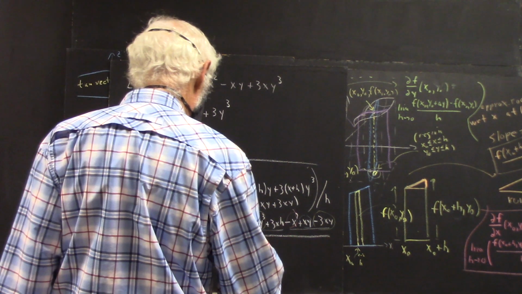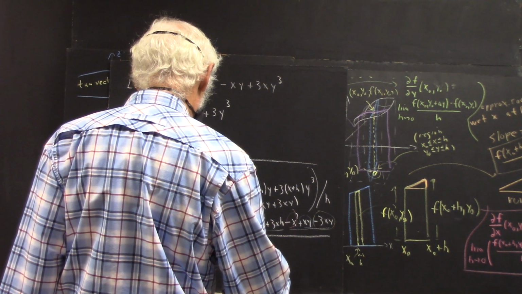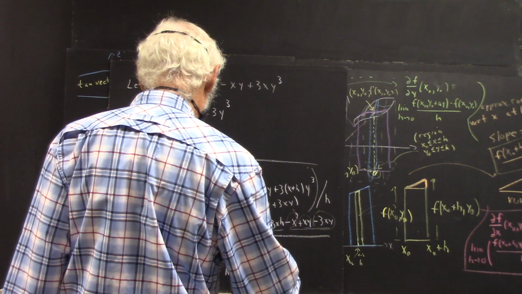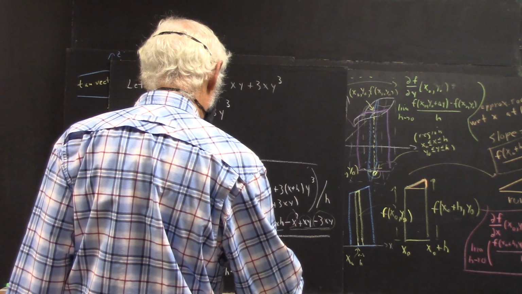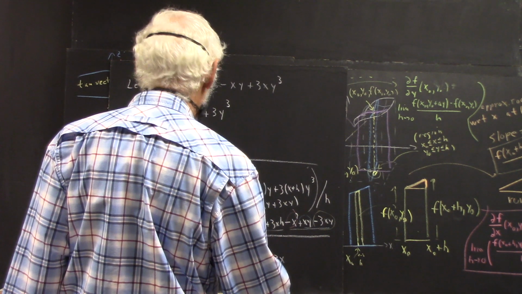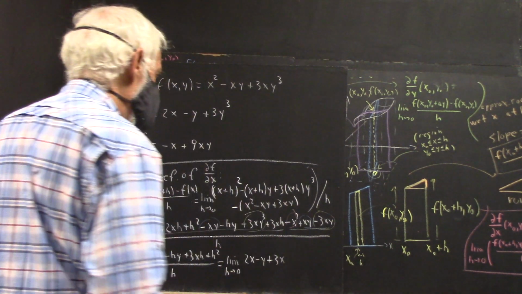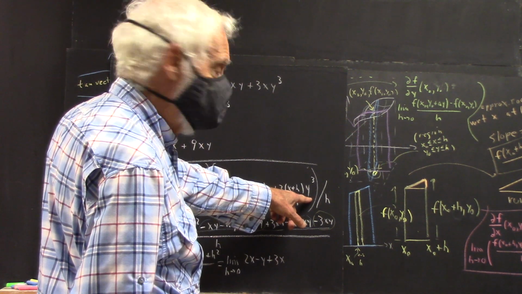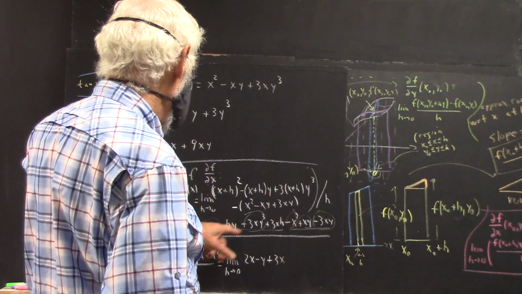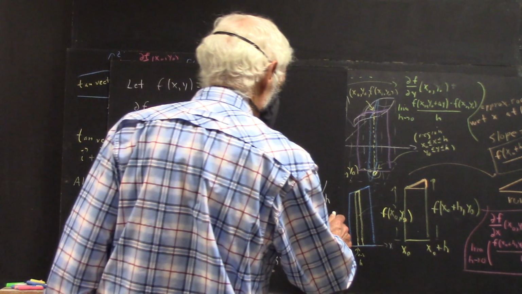Okay, we get 2x minus y plus 3x, and I left something off. See the y cubed here? I had it here. I didn't put it here.